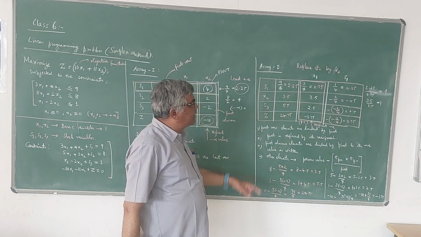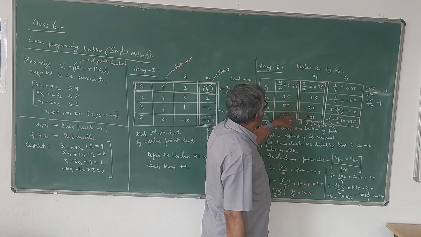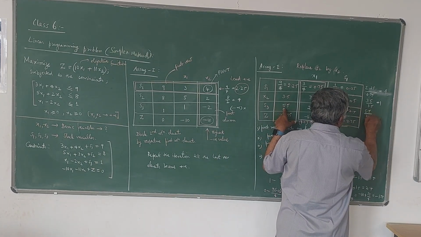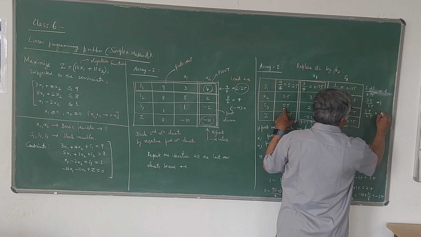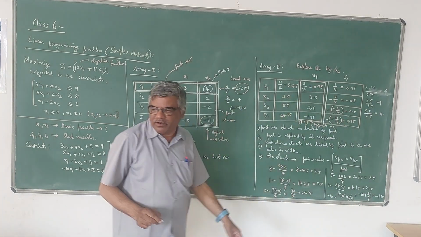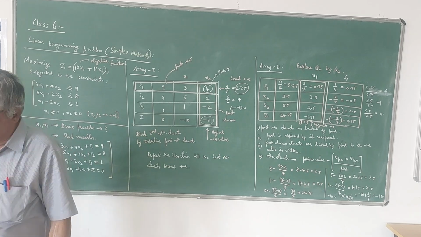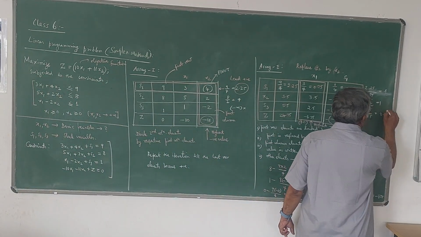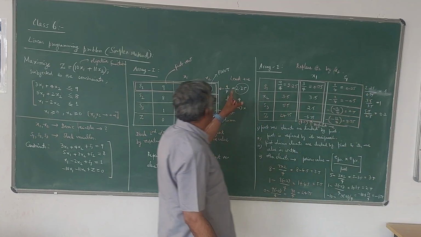So we have to divide these values by the pivot column elements. 5.5 divided by 2.5 is 2.2. Correct? 2.2.